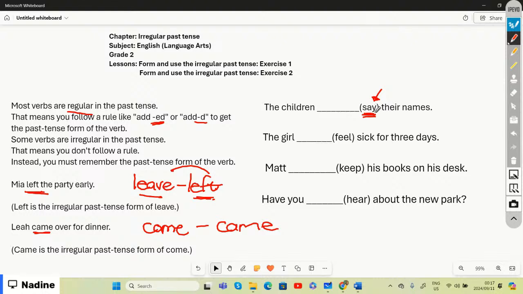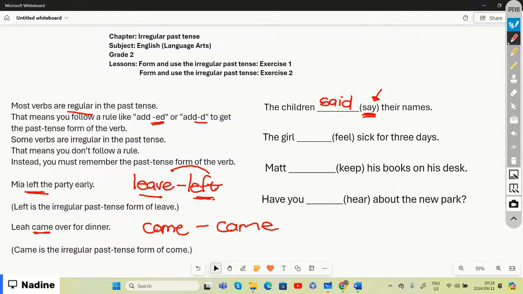So this word say is going to change to said, because said is the irregular past tense of say. Say is the present tense, and in the past, I said something. As you can see, from say to said, it does not follow a rule.